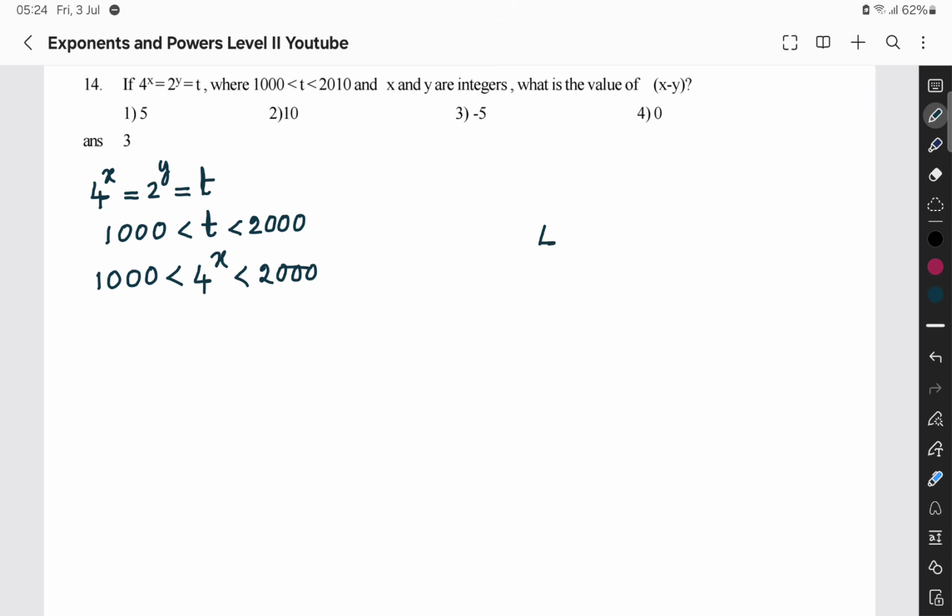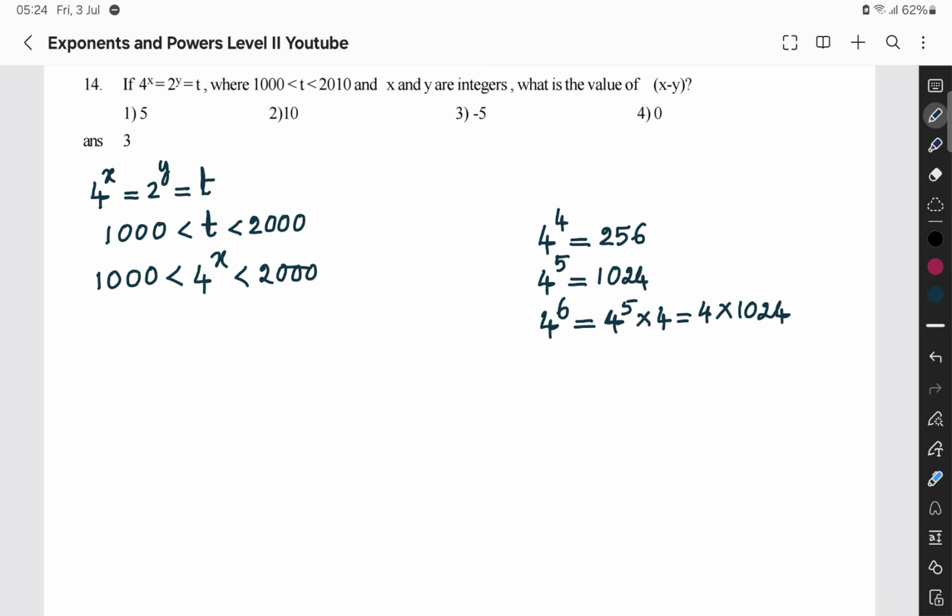Suppose if you take 4 to the power of 4, it is 256, and 4 to the power of 5 is 1024, and 4 to the power of 6 is 4 power 5 into 4, which is 4 times 1024.